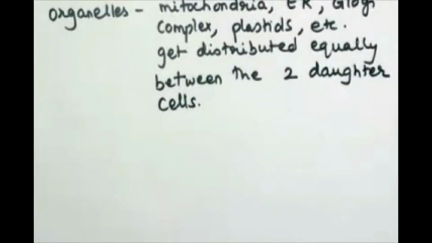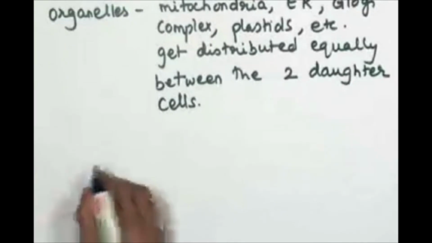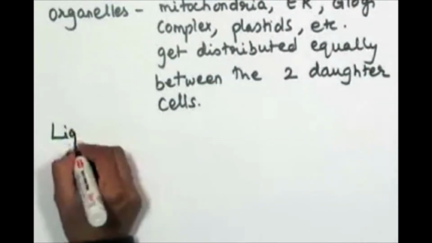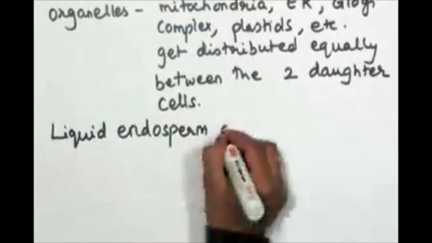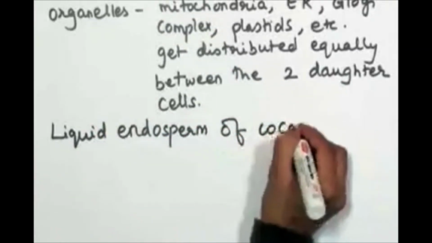There are some organisms in which karyokinesis is not followed by cytokinesis. Example you can take the liquid endosperm of coconut.